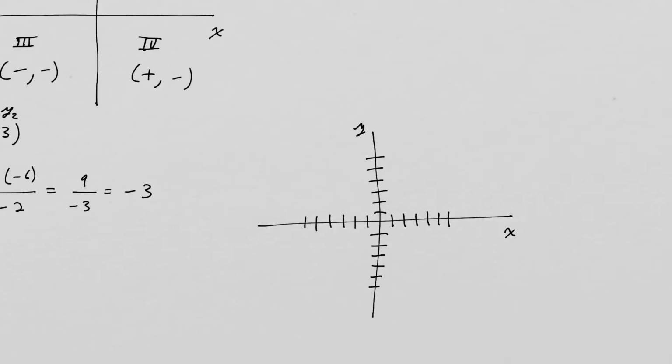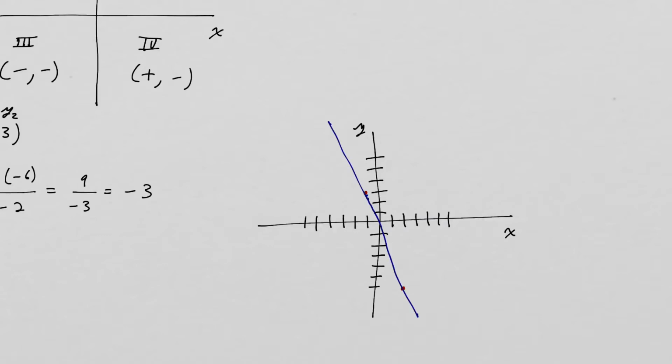So I move 2 to the right, down 6. That's right here. And then the point negative 1, so 1 to the left and up 3. So right there. So the line is going to look like this. Looks like it goes right through the origin too, so it looks like this.